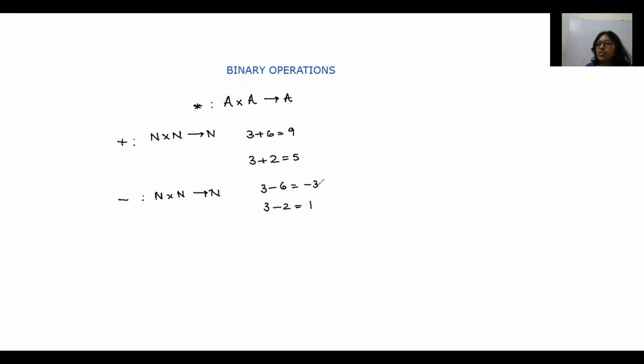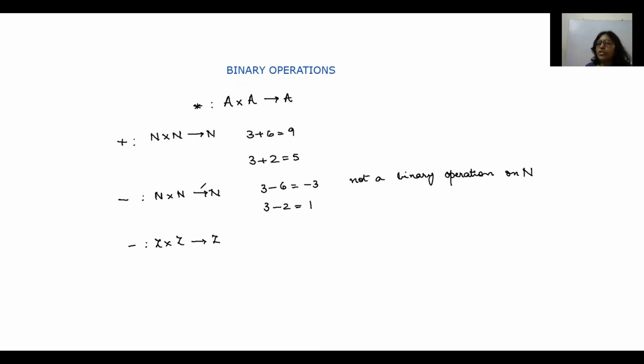So this is not a natural number. That means subtraction is not a binary operation on N. Yes, it is a binary operation on integers, because when we subtract two integers, the answer will always be an integer. It is a binary operation on rational numbers. It is a binary operation on real numbers.